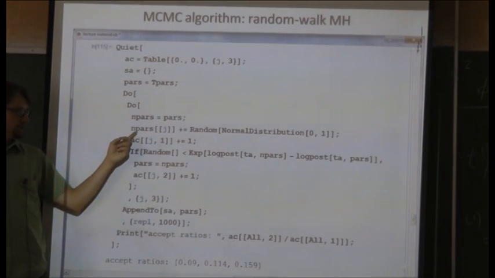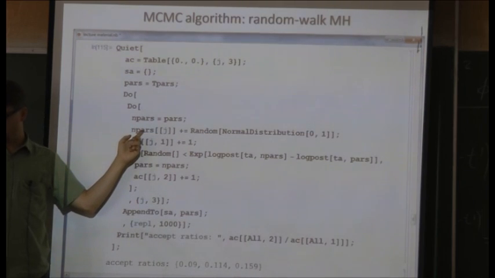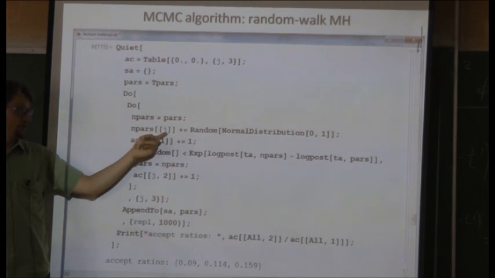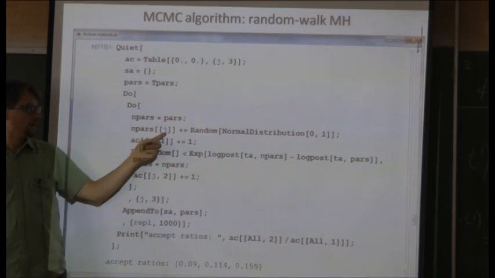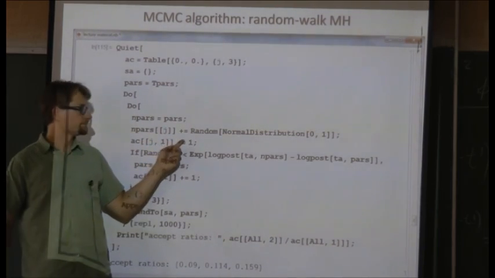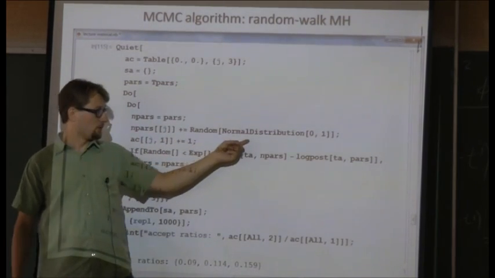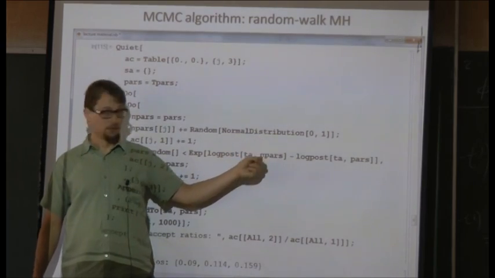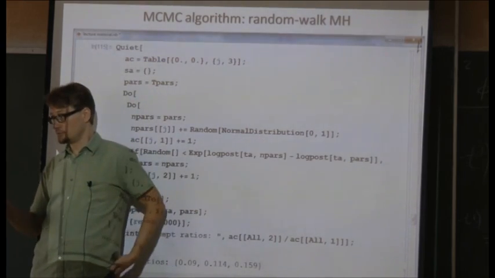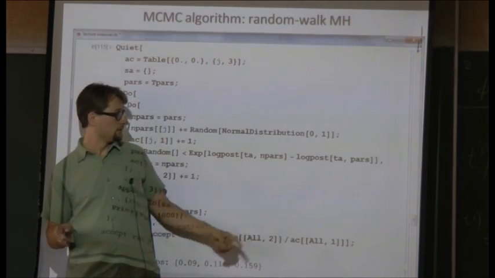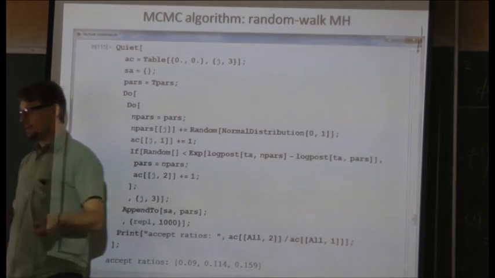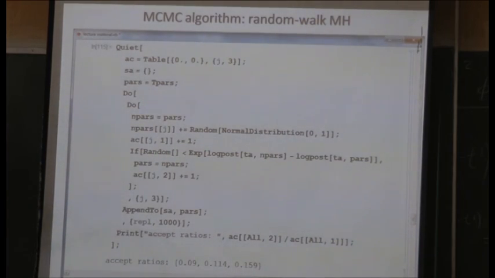Then I change only one component of that vector, the jth component. I add there a random draw from a normal distribution centered at 0, because I want to center at the present value, and with standard deviation 1. The standard deviation of 1 is just an arbitrary choice. I can put any number there. I will soon illustrate the influence of that number.